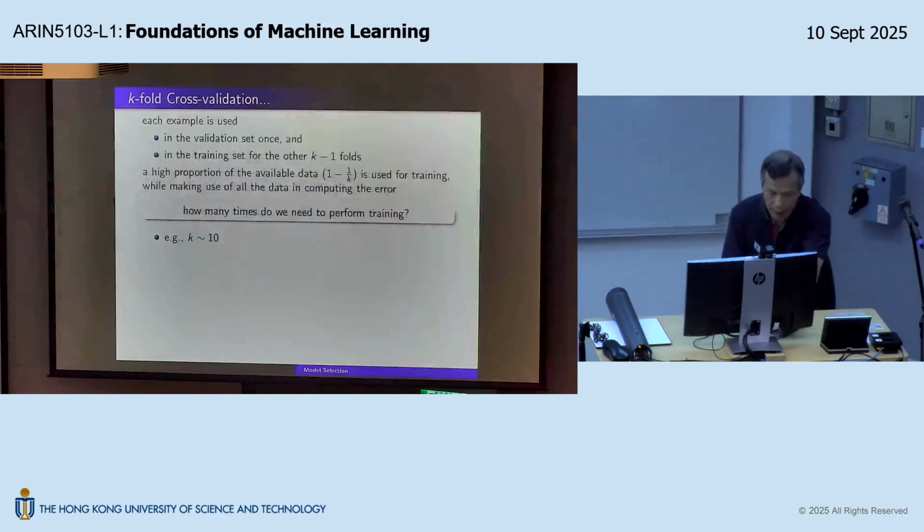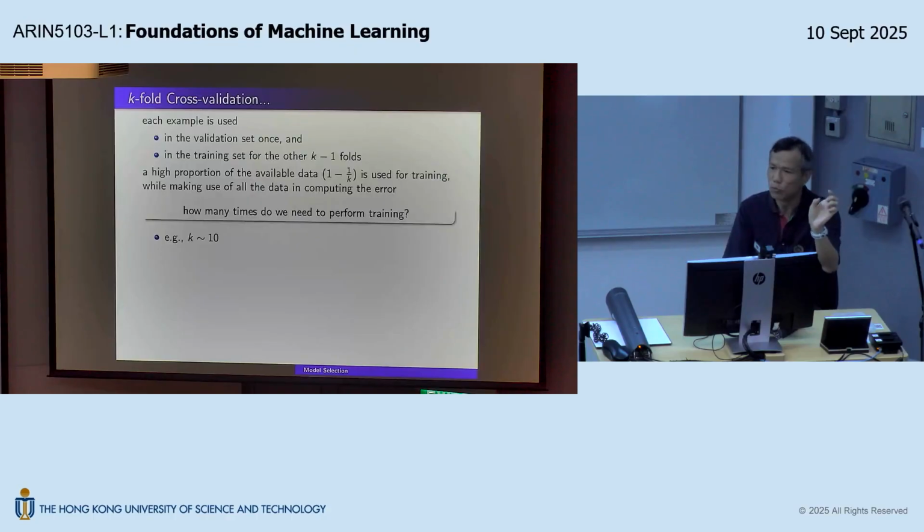Suppose the training time is not important. In principle, what is the possible range of k? You are given a data set. What is the smallest k? Can you do one-fold cross-validation?